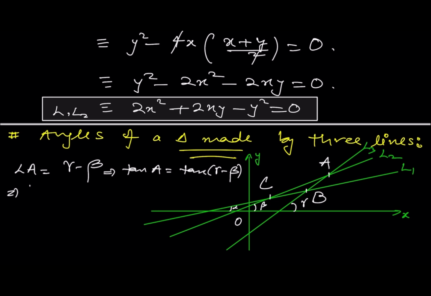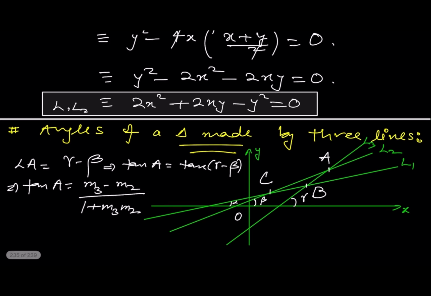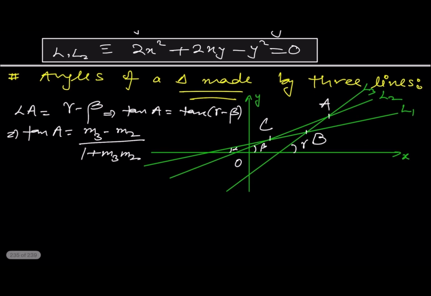So tan A becomes M3 minus M2 upon 1 plus M3 M2. Also here I am assuming that M3 is greater than M2, so tan A will be positive and A will be acute.